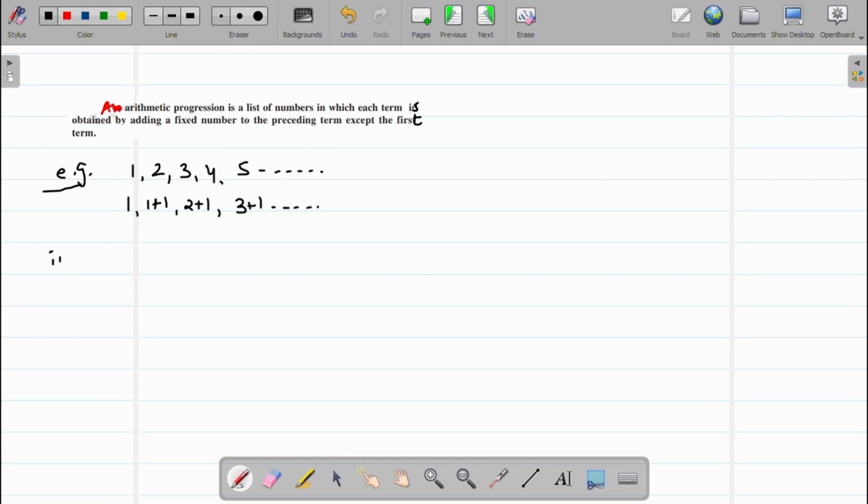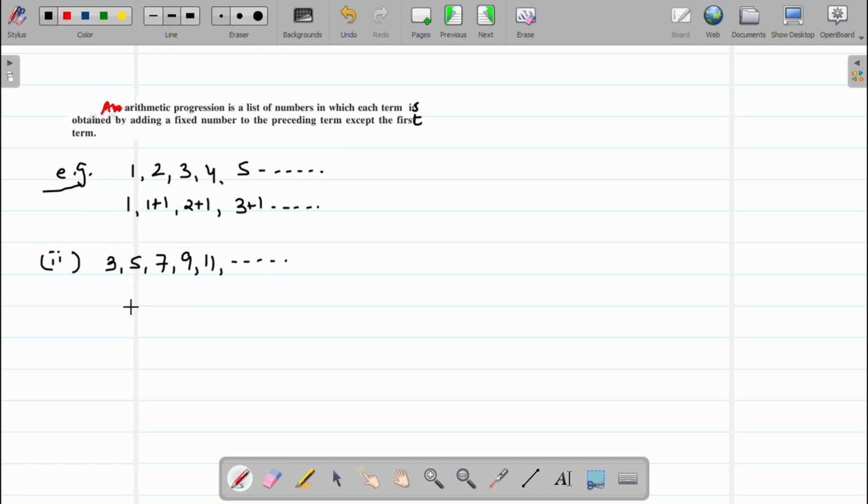So the second one can be, it's not always 1 that can be the common difference. It can be any. Rather, this common difference can be negative, positive, or 0, anything, right? So for example, if I take say 3 and then 5 and then 7 and then 9 and then 11 and so on, what are we doing here?